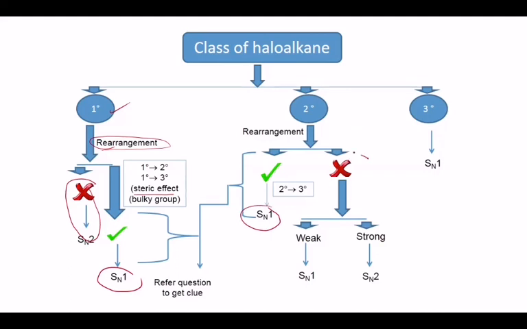And if it has no possibility to undergo rearrangement, it will undergo SN1 if the nucleophile is weak, and it will undergo SN2 if the nucleophile is strong. And if it is a tertiary haloalkane, it will undergo the SN1 reaction.